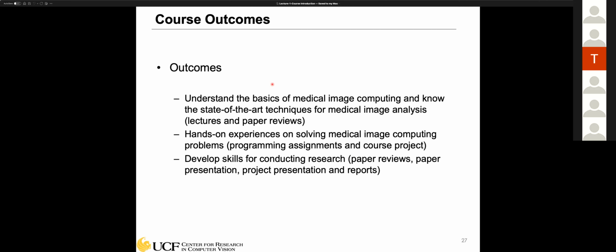So if you follow those tutorials and some of the medical image tools I mentioned in the beginning, they are modularized, so it's very easy to use. If you follow that, it won't be very difficult for you to get hands-on with the programming projects.